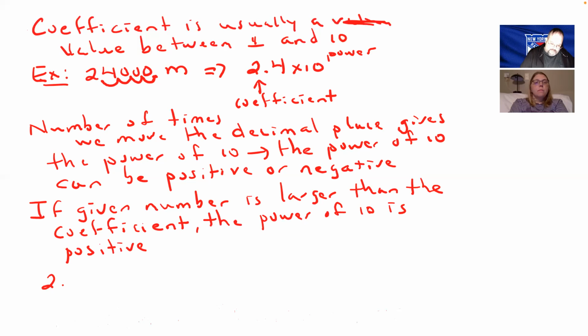So our example here, to be written in scientific notation, would be 2.4 times 10 to the positive 4th meters. Or you can leave out the sign if the power of 10 is positive, 2.4 times 10 to the 4th meters. Okay. So that's how we know when the power of 10 is positive.